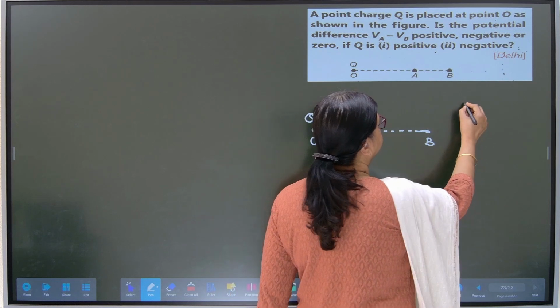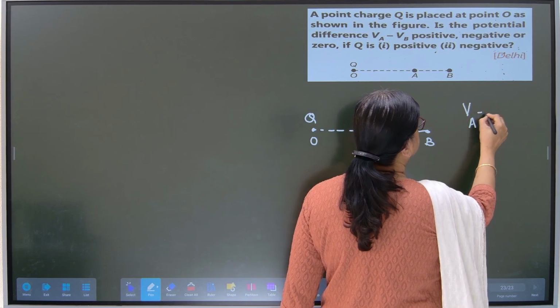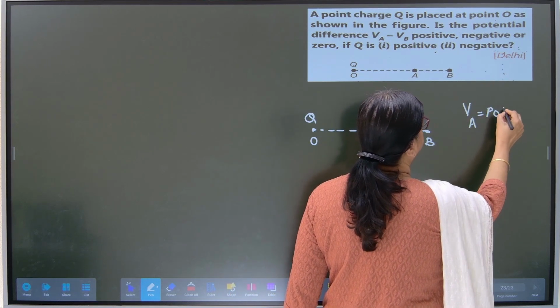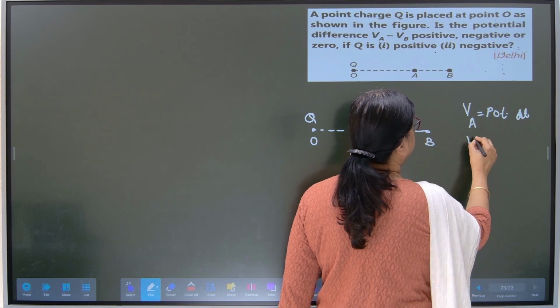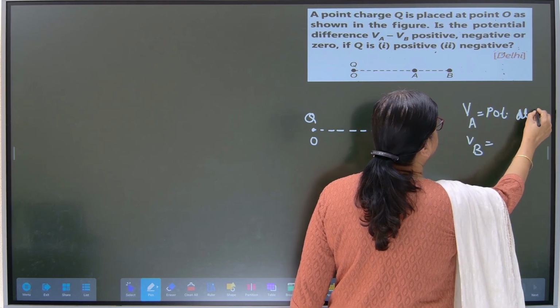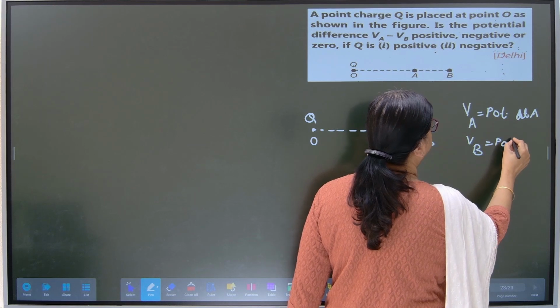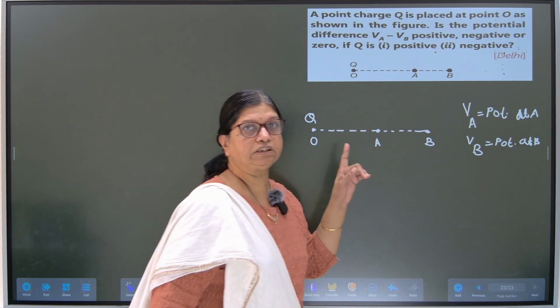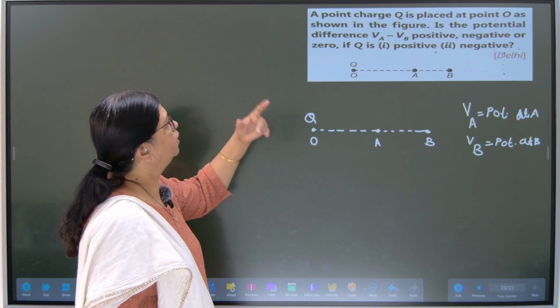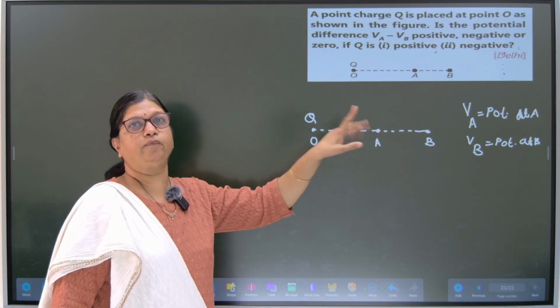What is VA? VA is the potential at A. What is VB? VB is the potential at B, due to the charge Q, whether positive or negative.